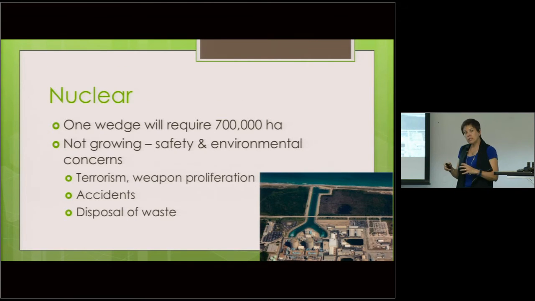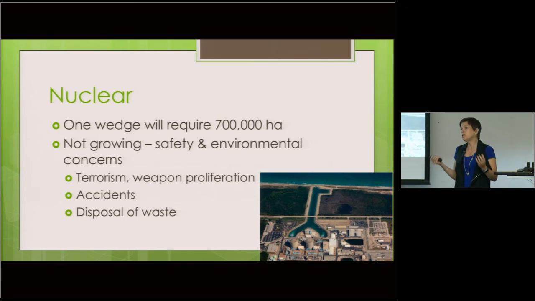Nuclear is relatively compact. One wedge would only require 700,000 hectares. But this is not a growing industry because of safety and environmental concerns, concerns about accidents, what do we do with the waste, and so on.